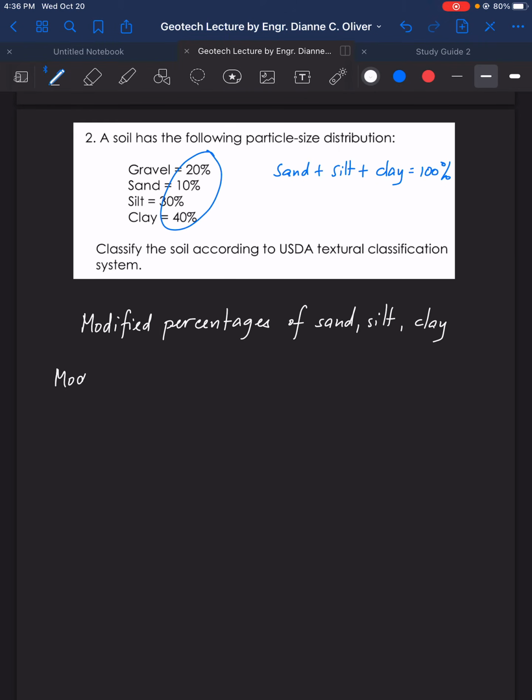So modified percent sand equals, the percent of sand here in the example is 10%. What we need to do is, from the 100%, you subtract the percent of gravel. So here you put the percentage of sand, then the denominator is 100% minus the percent of gravel.